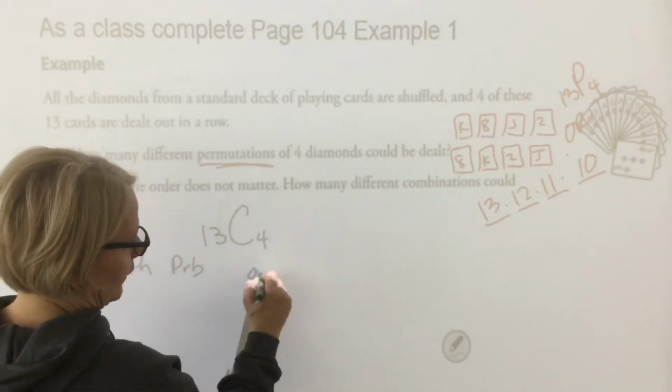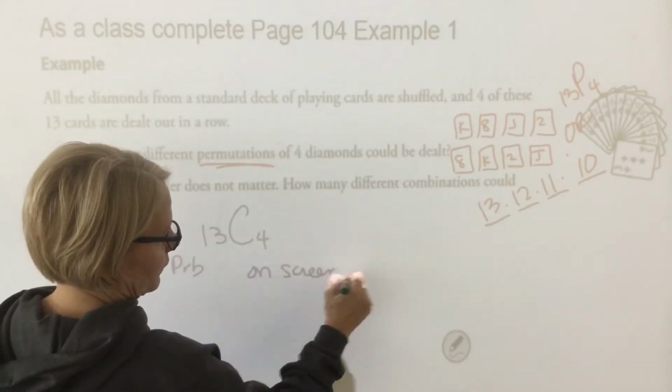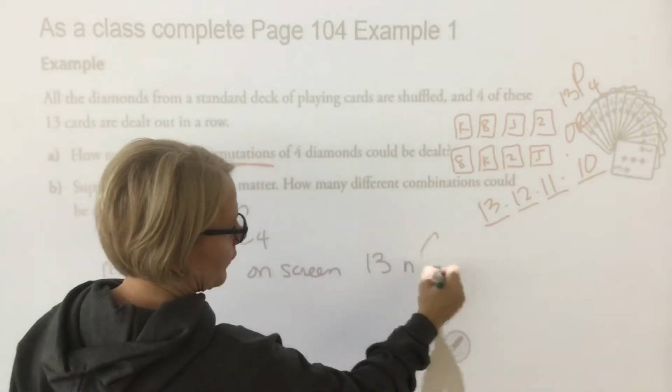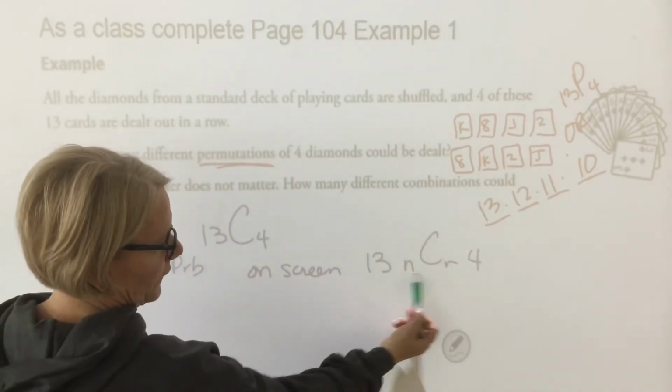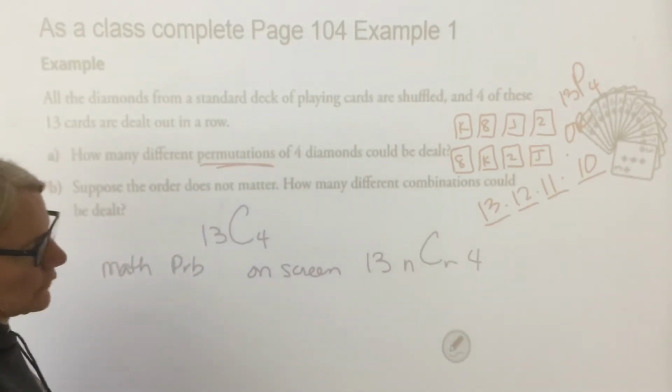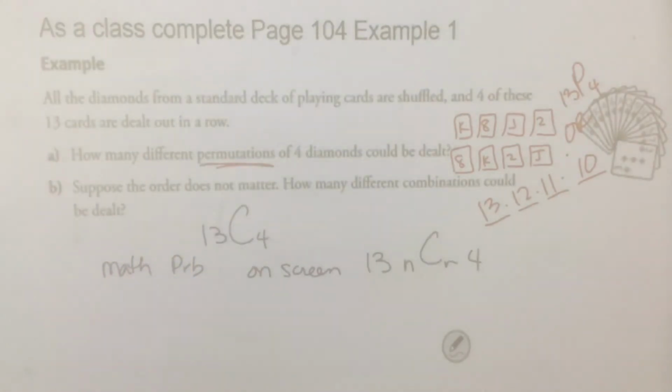So on the screen, you'll put the 13, and then you'll go get that button and then put the 4. So it'll know that the 13 goes with the N and the 4 is the subset. Okay.